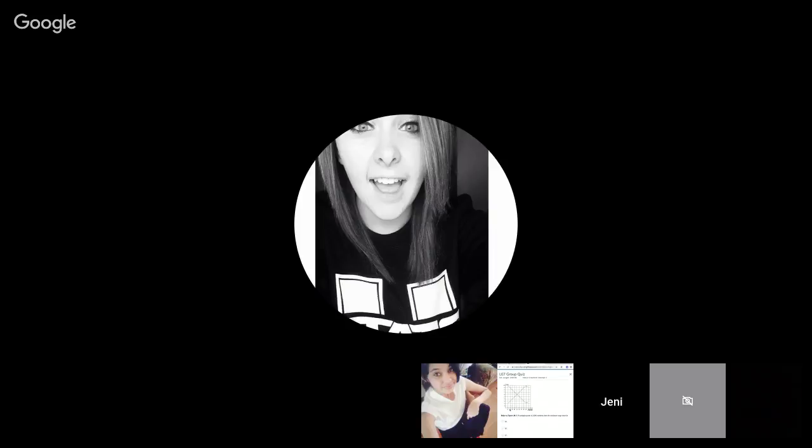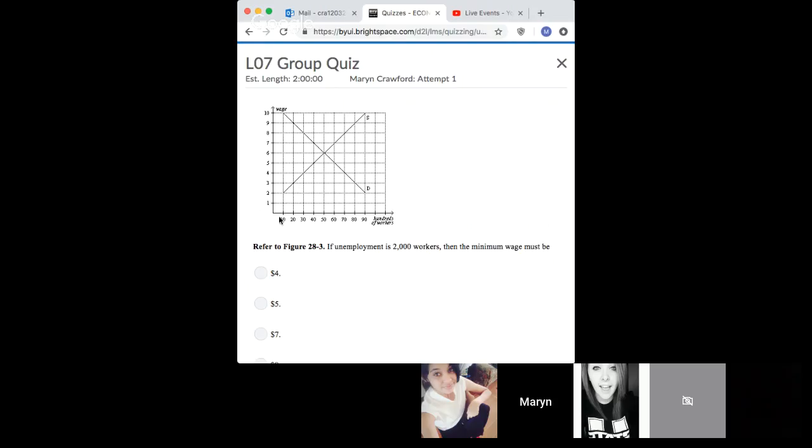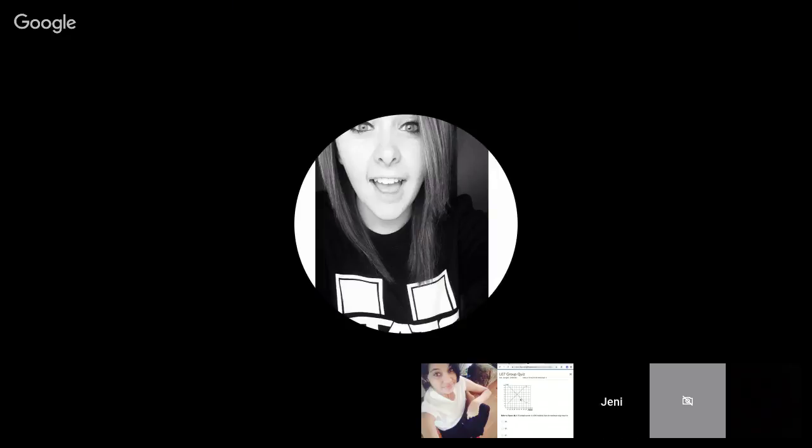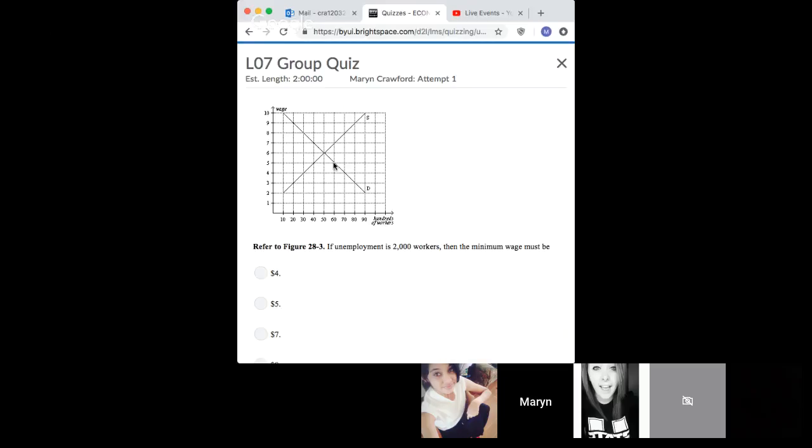So there's 2,000 workers between that supply and demand that won't have jobs. Oh, so you're not looking at the bottom as in this is 20 or 2,000. You're trying to find where 2,000 workers are minimum. Yeah, there's a gap of 2,000 when you're at $5. You're right. That's how I looked at it, at least.